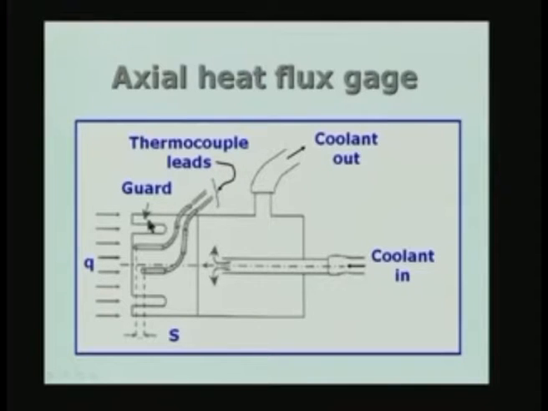So, I call this the guard, and this is the main region or main probe, and this is the guard probe. The heat flux is incident here, and what happens in this case is that the heat flux is going to create a temperature gradient along the length, because I am cooling the backward surface.